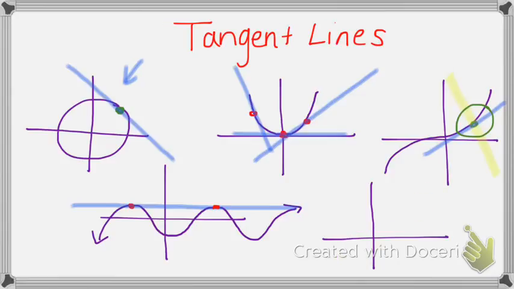Let's say I wanted to draw the tangent line at this point right here. It still would be flat because right there the slope would be around 0. So that's the tangent line at that point. Notice it is touching at another point and it's not tangent there. That's okay too. So a tangent line can touch as many points as it wants to, but a tangent line at a point looks like the graph at that point.